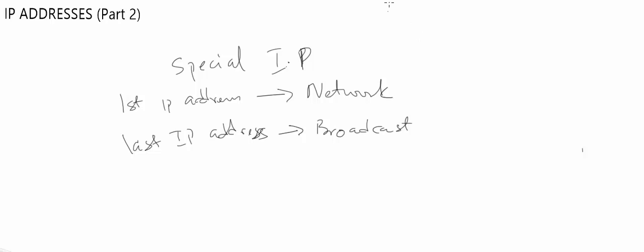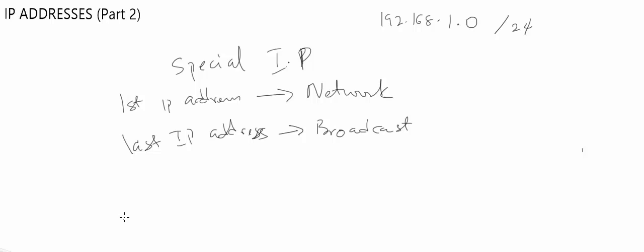What do I mean? Let's take for example 192.168.1.0 with a subnet mask of 255.255.255.0, or if I don't want to write it that way, I have a shorter method of writing that: 255.255.255.0 slash 24.